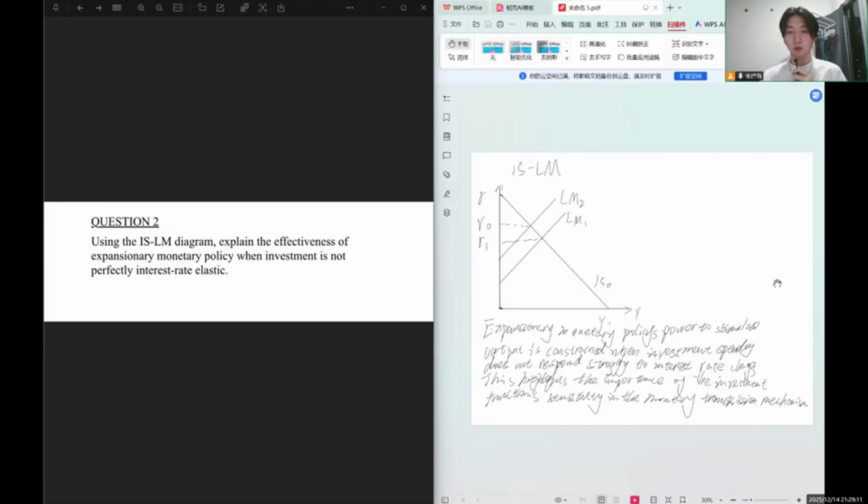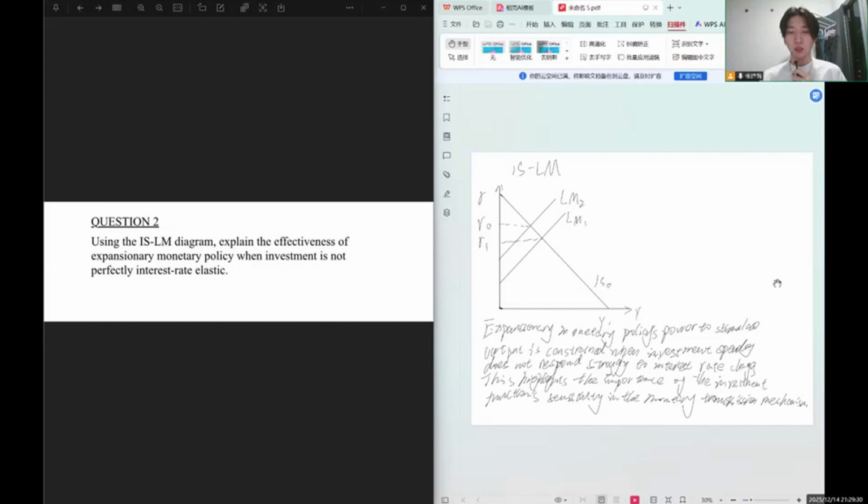weakened transmission mechanism, where the policy effect is largely absorbed by lower interest rates rather than stronger real economic activity.